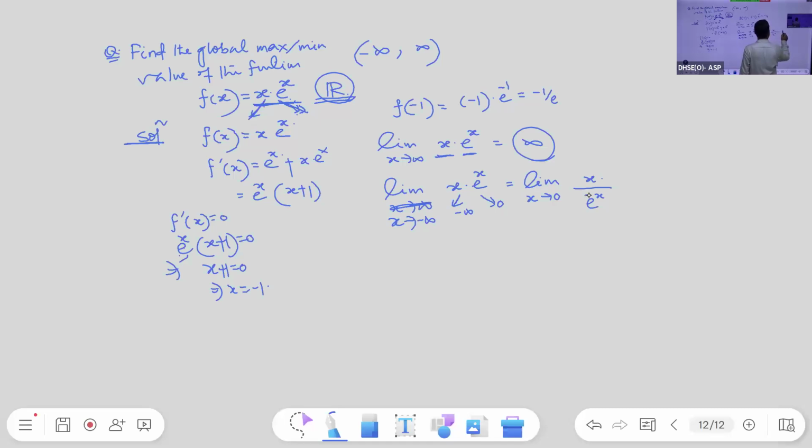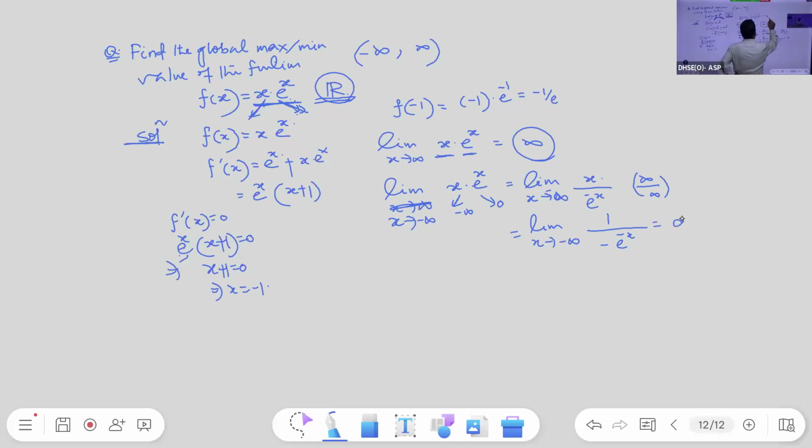Now the limit takes the form infinity upon infinity, so apply L'Hospital's rule. The derivative of x is 1, over the derivative of e power minus x, which is minus e power minus x. When x approaches minus infinity, minus x approaches infinity, e power infinity approaches infinity, and 1 upon infinity approaches 0. This value approaches 0.